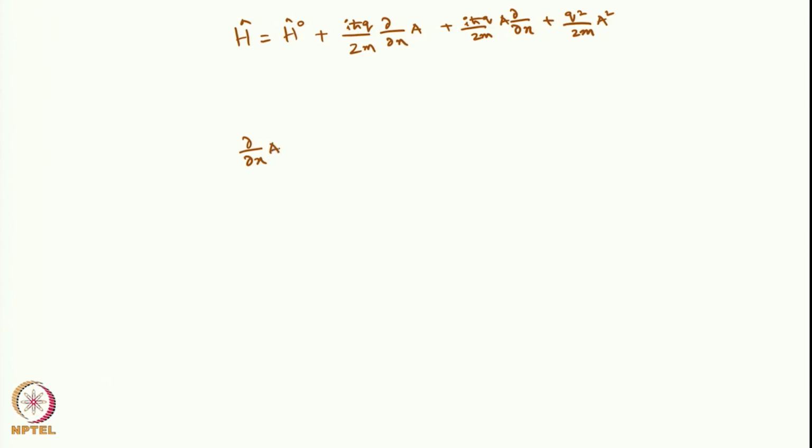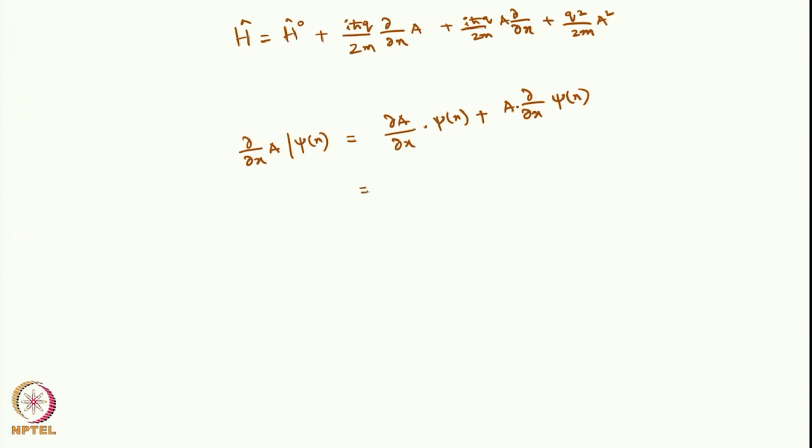But when this is Hamiltonian, it has to be always evaluated with respect to some function, okay, some function psi of x. So this is equal to, okay, now there are product of, so we get dA by dx into psi of x plus A times d by dx of psi of x. Okay.